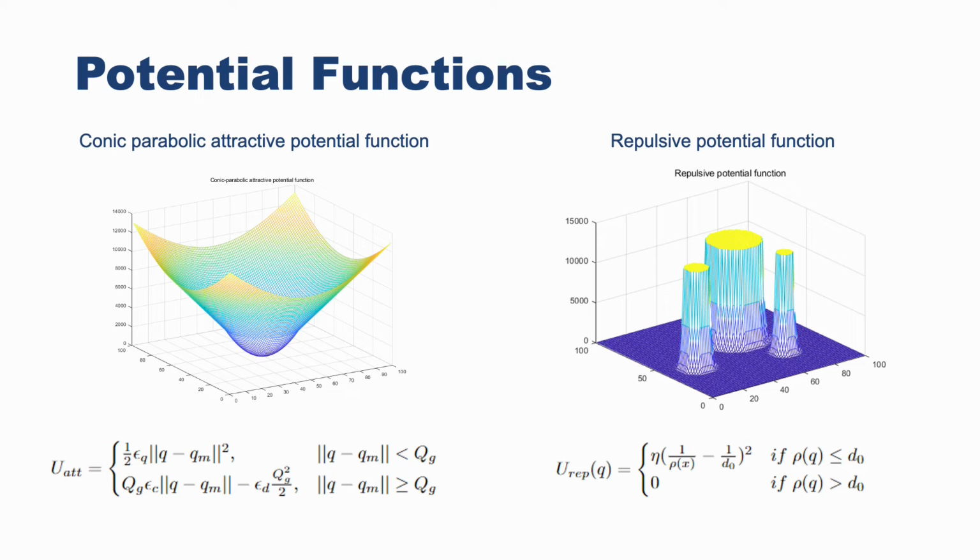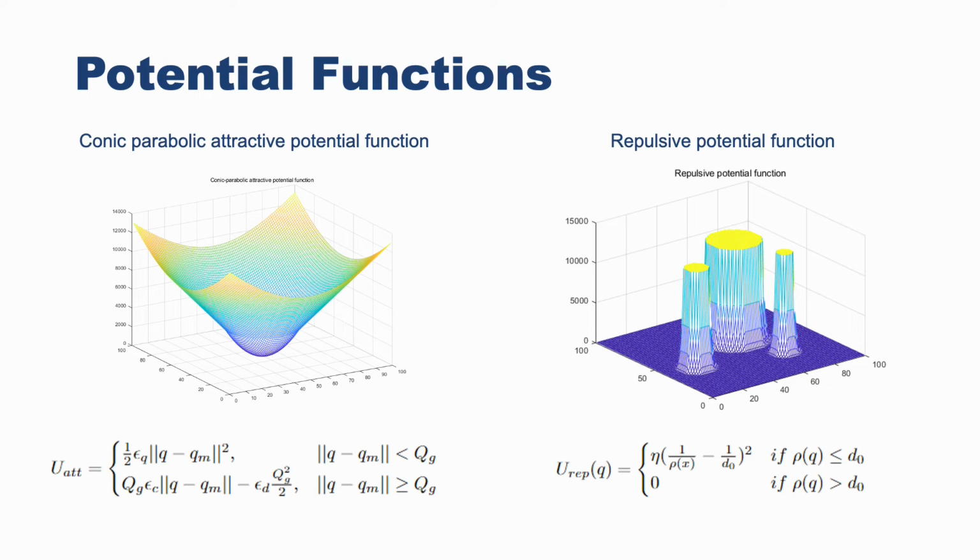For example, the quadratic function can highly penalize points far from the middle point Qm. However, it poorly defines the potential values in areas close to the middle point. On the other hand, the conic function can precisely define the potential value around the region of interest because it is based on a proportional function.